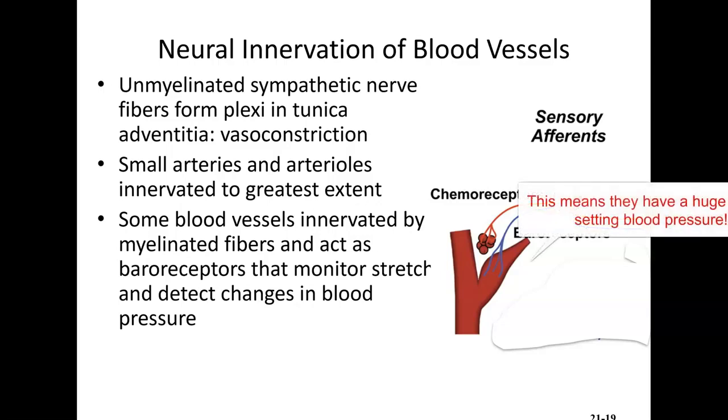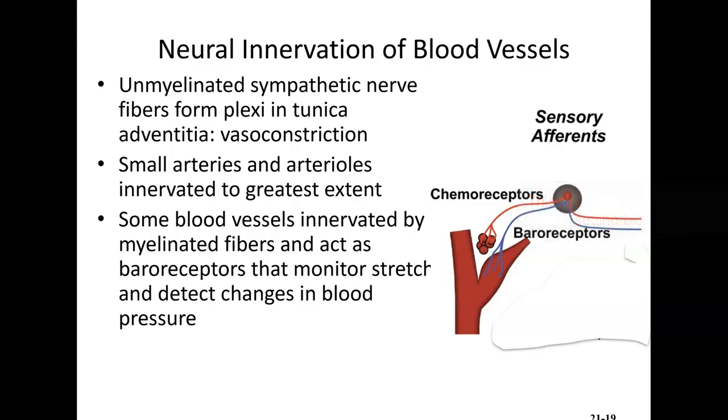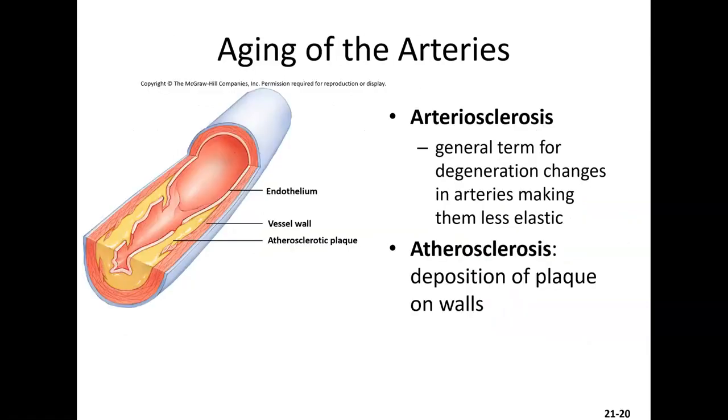Our small arteries and arterioles are innervated to an even greater extent. And some of our blood vessels are going to be innervated by myelinated fibers that act as baroreceptors, which, if you remember from our chapter 20 lecture, they're going to monitor the stretch within the blood vessel wall and detect any changes in blood pressure.